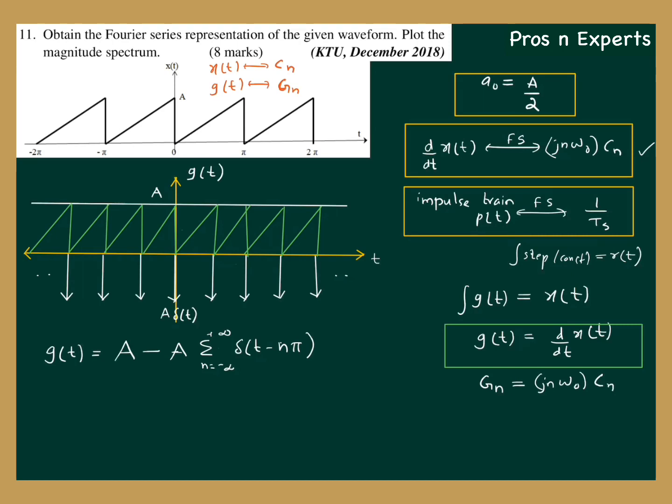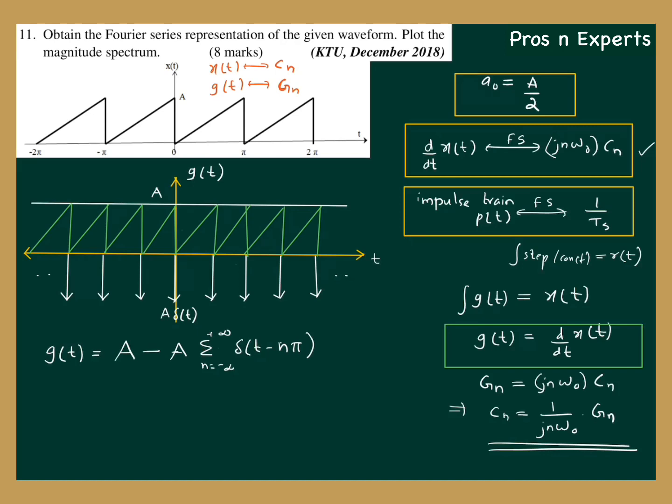But we need to find Cn, since the question is to find the Fourier series representation of x of t. That implies Cn is equal to 1 by j n omega 0 into Gn. So this is what we need to find out. This is very simple.